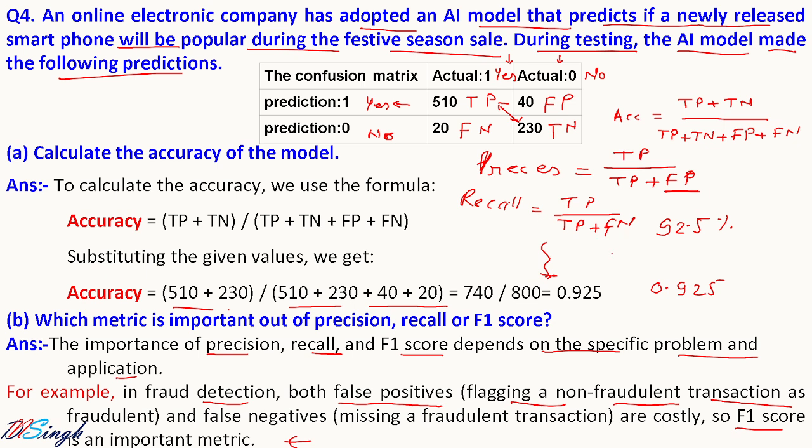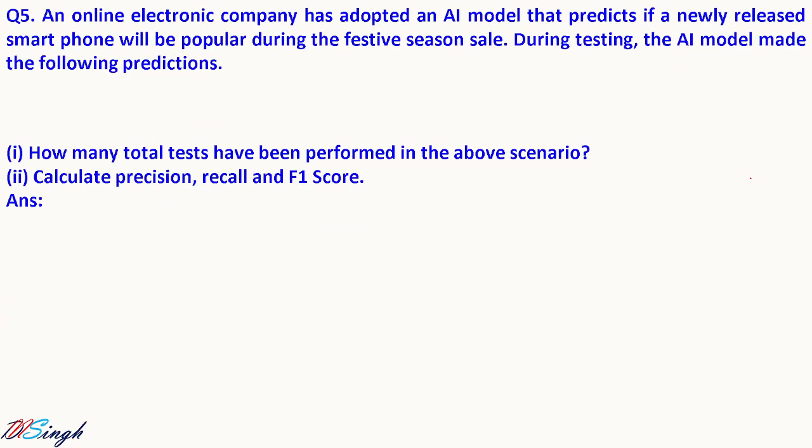So where you have a high cost associated with false negatives, you go for recall. Where you have a high cost associated with false positive cases, go for precision. If both are important for you, go for F1 score. I hope it is clear. Okay, fine. Let us move to the next question.